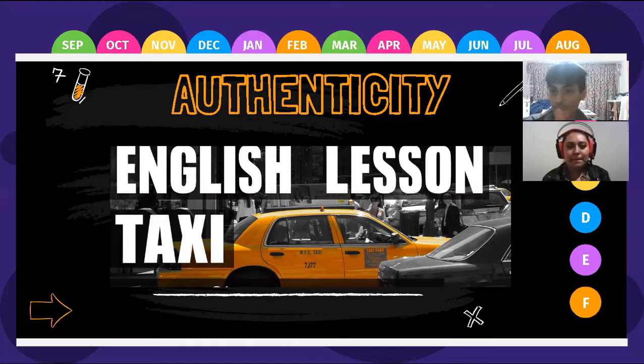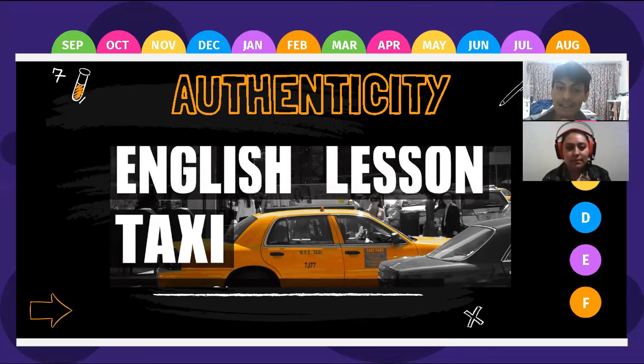Present simple is the grammar topic. Yes? But the authenticity part can be visible if, instead of teaching present simple, you teach routines. Yes, you are teaching in an inductive way.